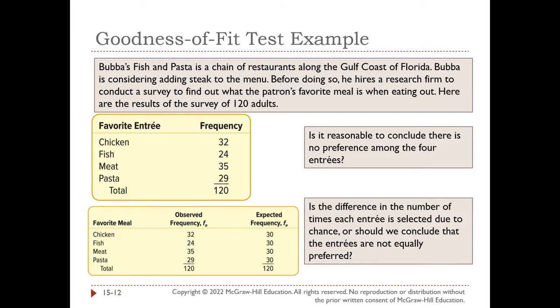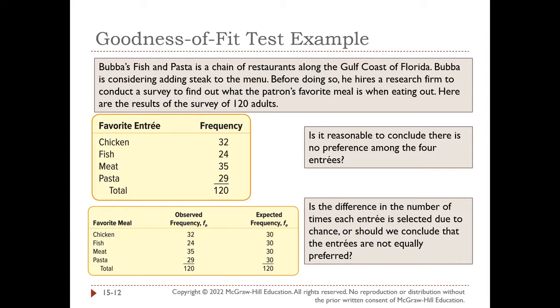Okay, so frequency, we have 32 for chicken, 24 for fish, 35 for meat, and 29 for pasta, to give us a total of 120. Is it reasonable to conclude there is no preference among the 4 entrees? So, is the difference in the number of times each entree is selected due to chance, or should we conclude that the entrees are not equally preferred?